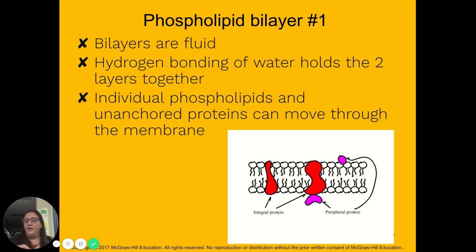There is only weak hydrogen bonding holding the two layers together, and also weak interactions between the phospholipids holding those together. So you will have these individual phospholipids, and any proteins that aren't anchored or bonded to part of the phospholipid will be able to move around and move through the membrane.